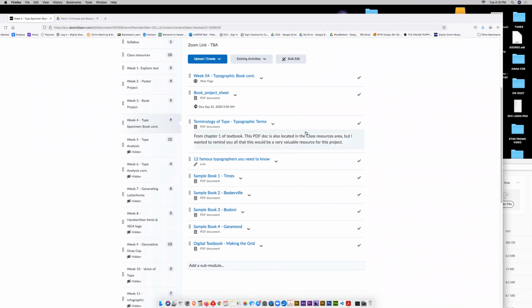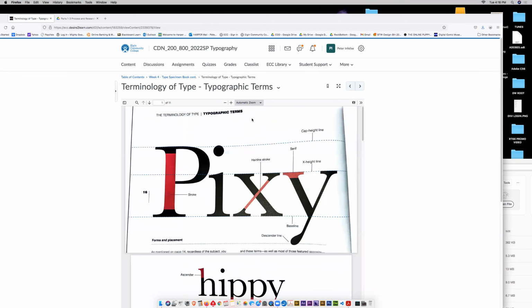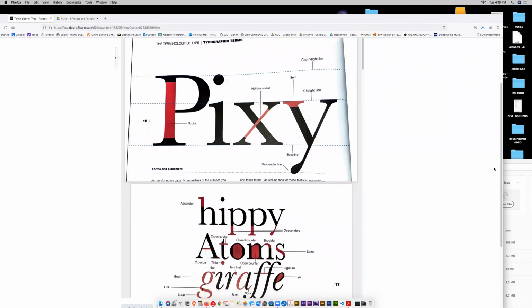I mentioned this in the beginning of class, but it's worth repeating. I scanned a while ago chapter 1 from our textbook and placed it in our resources, but I thought it was worth putting in here because there are some valuable typographic terms in terms of the anatomy of type. I know we talked about some of this before, but for this project, if you wanted to do a breakdown, this gives you a good idea of what these individual things are actually called.